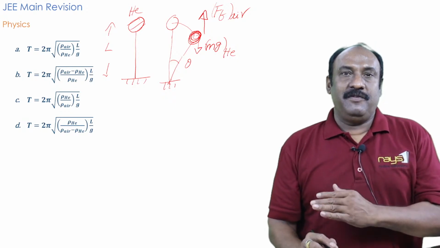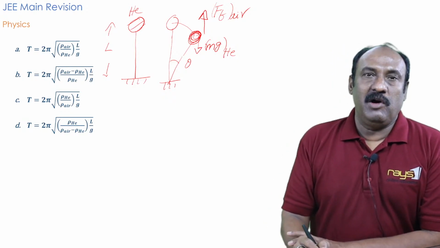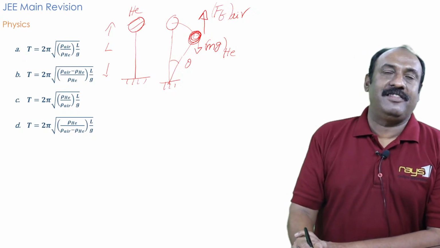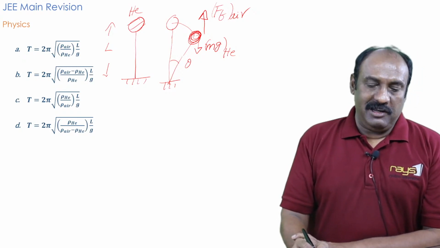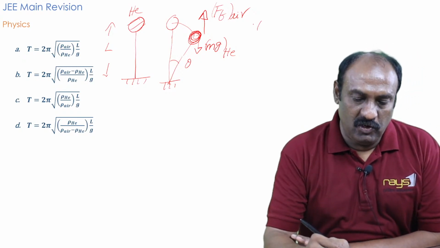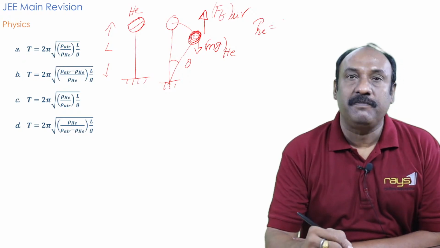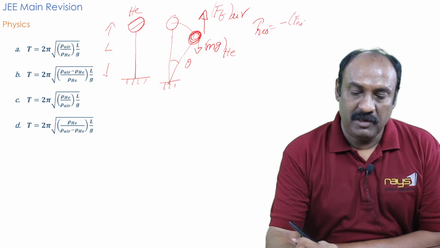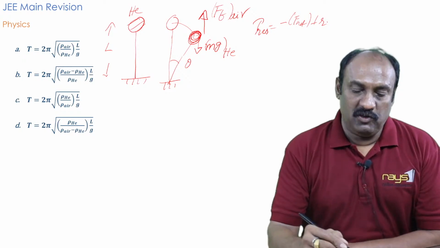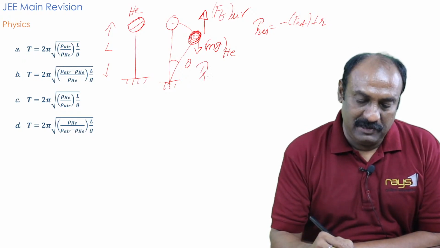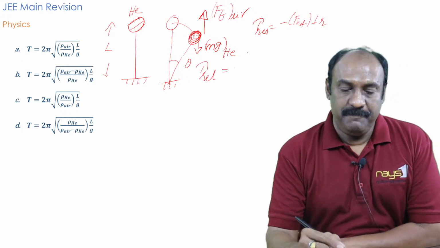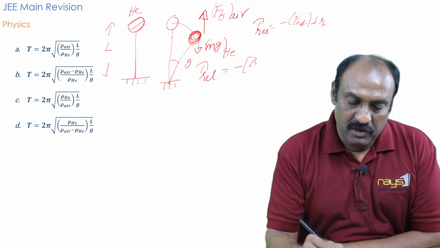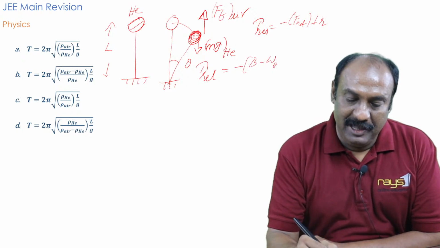For angular simple harmonic motion, we have to consider the restoring torque acting on the oscillating body. So what is the restoring torque? Restoring torque is equal to minus of net force into perpendicular distance. The net force is the buoyant force minus the weight of the helium.